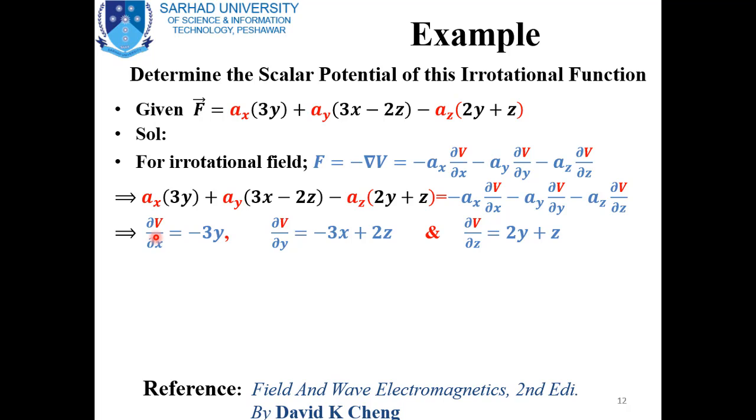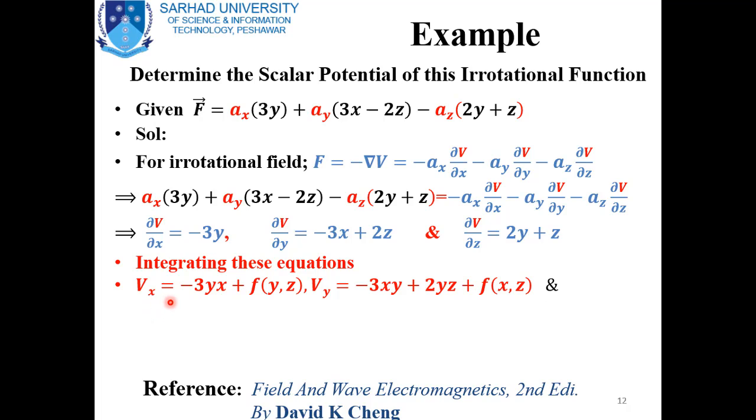Now we can obtain v from here by integrating this equation with respect to x, and we will obtain v is equal to minus 3yx plus a constant which is a function of y and z. From here we can integrate this expression with respect to y, so we can obtain minus 3xy plus 2yz, and a function which is a function of x and z.